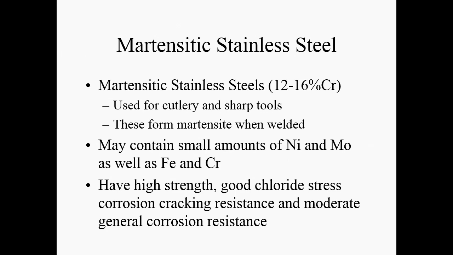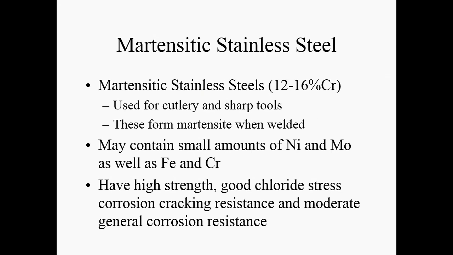Now, chromium stabilizes the body-centered cubic alpha iron form of steel at the low temperatures. So you might think that makes it better. But unfortunately, if you've got only 16% chromium, you still will transform to austenite on heating, and you will, if the cooling is quick, transform to martensite. And that's why they're martensitic steels.